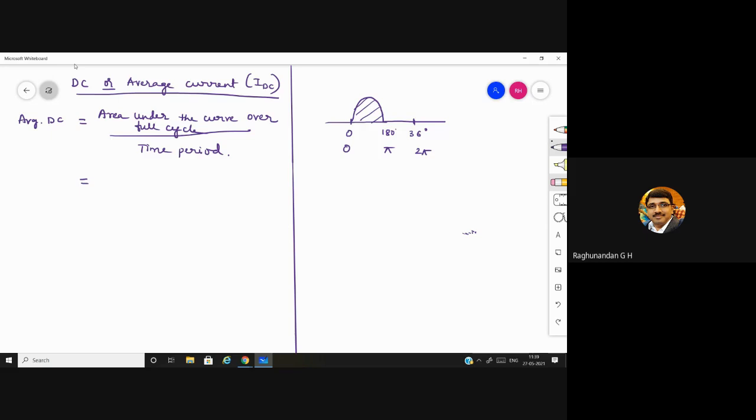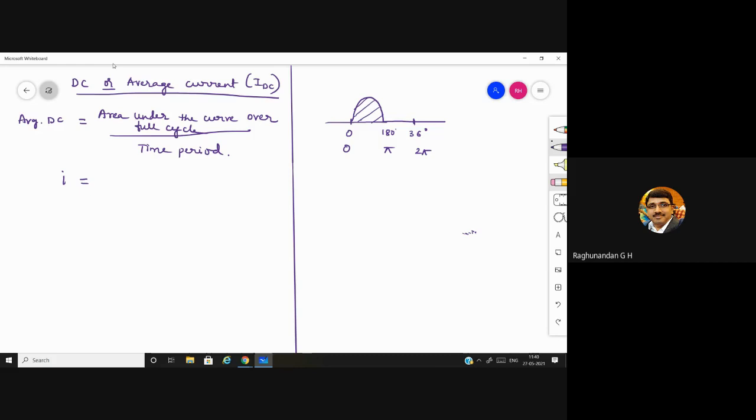Can you tell me to what angle this cycle is flowing? Area under the curve over full cycle, to what angle is the curve cycle flowing? 360 degree.